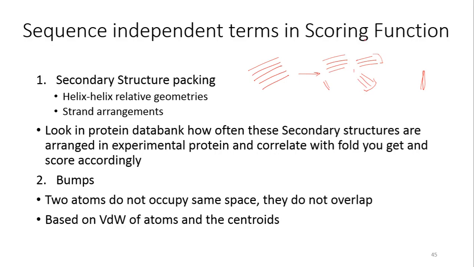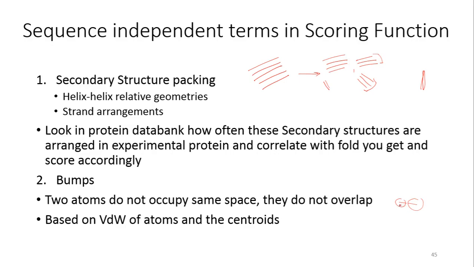Okay, the next feature can be in the form of bumps. Now you know that two atoms in your protein cannot occupy the same space. No two atoms in your protein can come closer than the sum of their van der Waals radii. That is, the two atoms do not overlap.